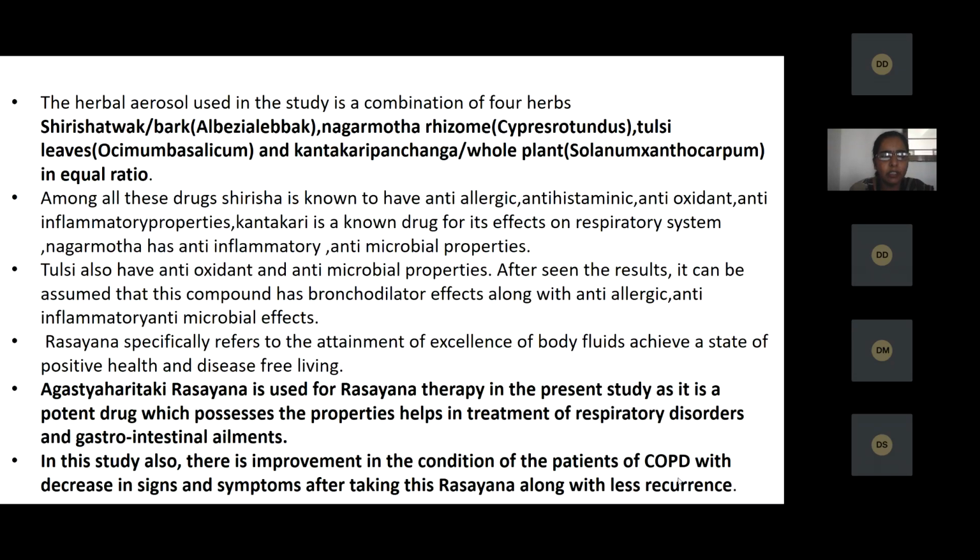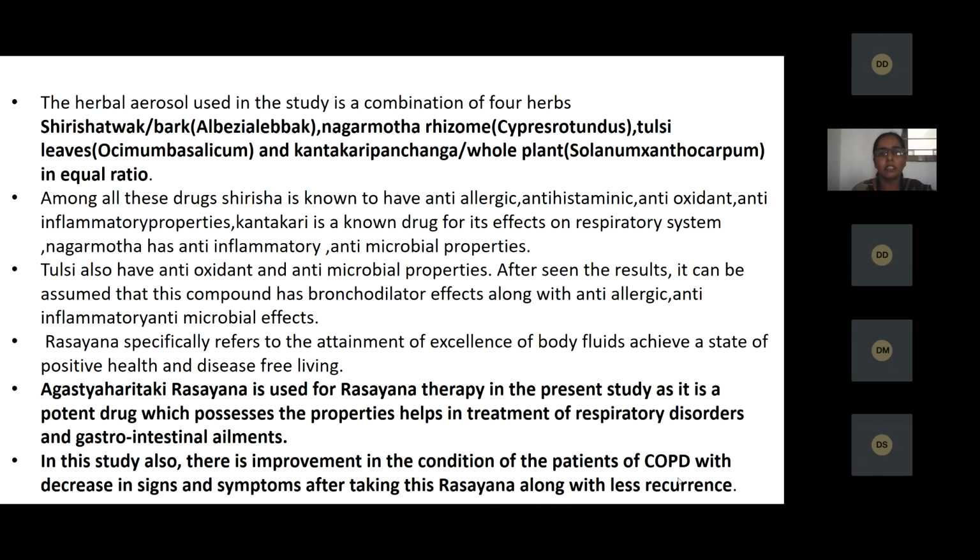In this study, herbal aerosol and Agastya Haritaki, two herbal formulations, are used with the control group also. In the herbal aerosol, they used Shirisha, Nagarmotha, Tulsi, Kantakari. These are made into aerosol form, that is inhaler form. Among these drugs, Shirisha is known for anti-allergic, anti-histaminic, antioxidant and anti-inflammatory properties.